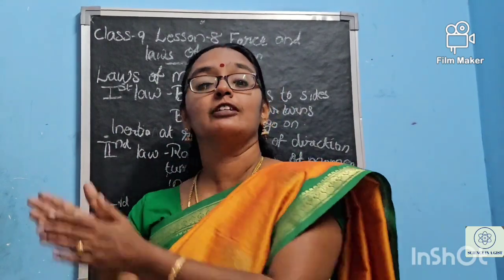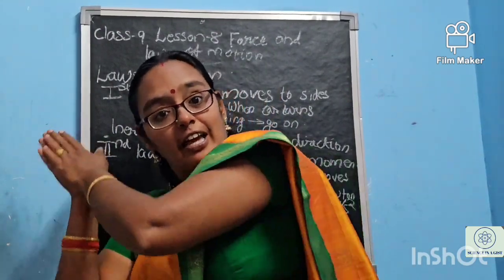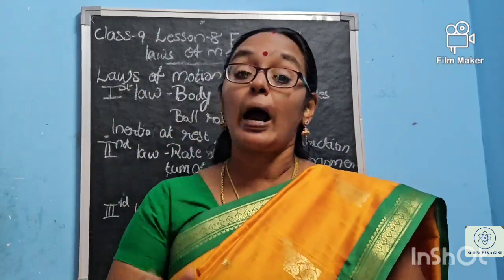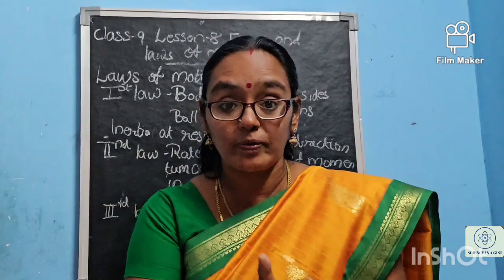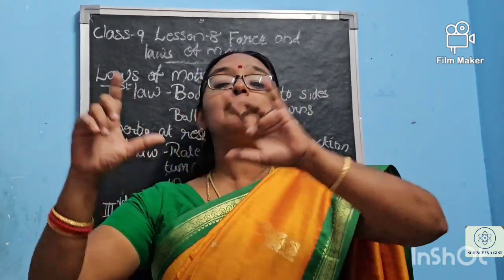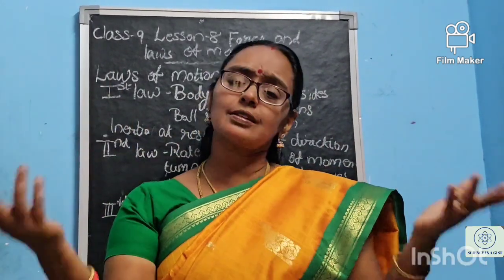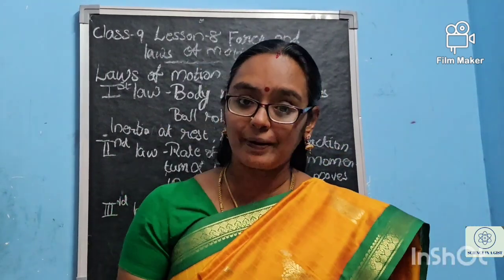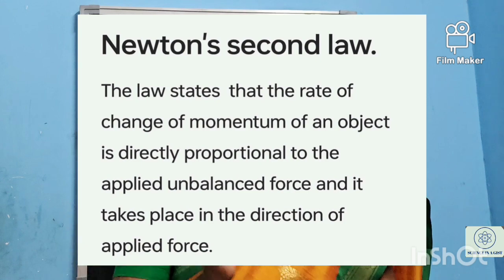All because of this batting person, right? He hit with the bat, then only all these things happened. Because of this force, momentum changed. This is the second law, so easy. Rate of change of momentum is directly proportional to the applied force.